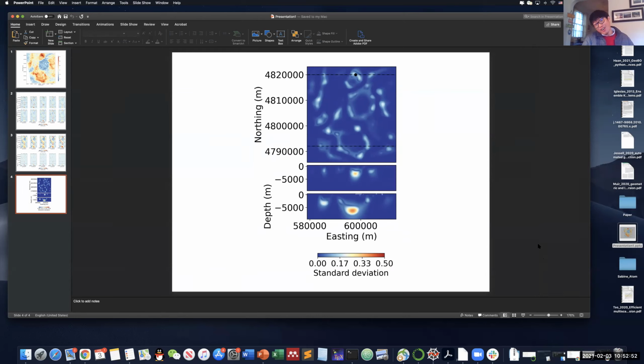What people may care about is the variance in lithology, like how much uncertainty I have in determining this as a certain unit. Just thinking about your clients or audience, maybe they care more about that, I guess.